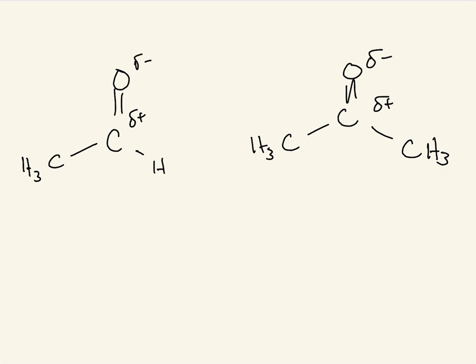So there's a partial negative on the oxygen in both of these cases. And so we can use the same analogy that we have with carbocations, that a 1 degree carbocation is less stable than a 2 degree carbocation.